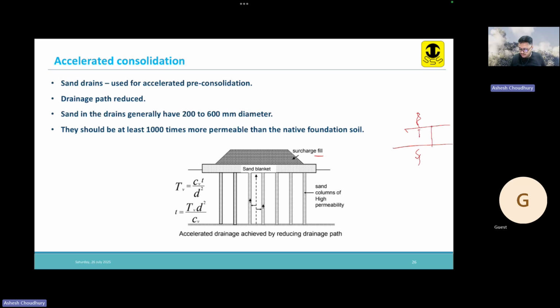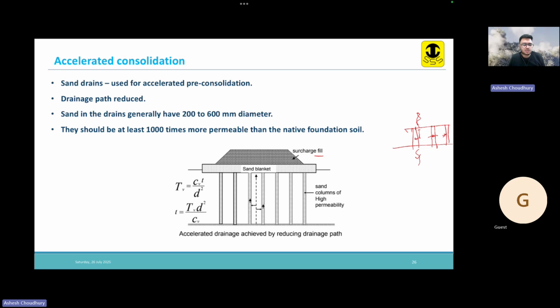But if you provide sand drains in the soil, the water can also drain radially into the drain. So together with vertical drainage, we also have radial drainage, that is, together with vertical consolidation, we also have radial consolidation.